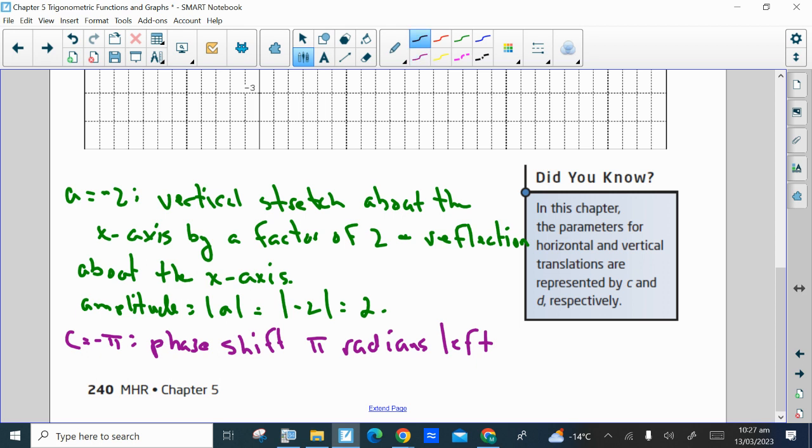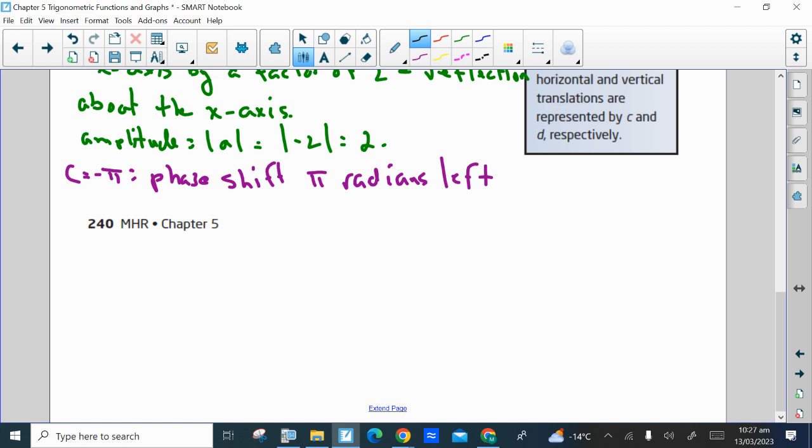And finally, we also have a d value of -1, which means we have a vertical displacement of 1 unit down.